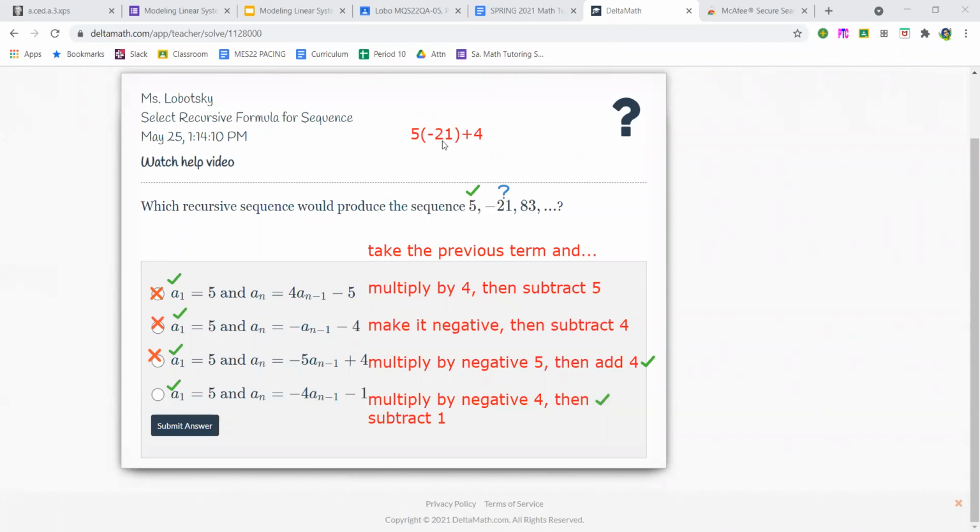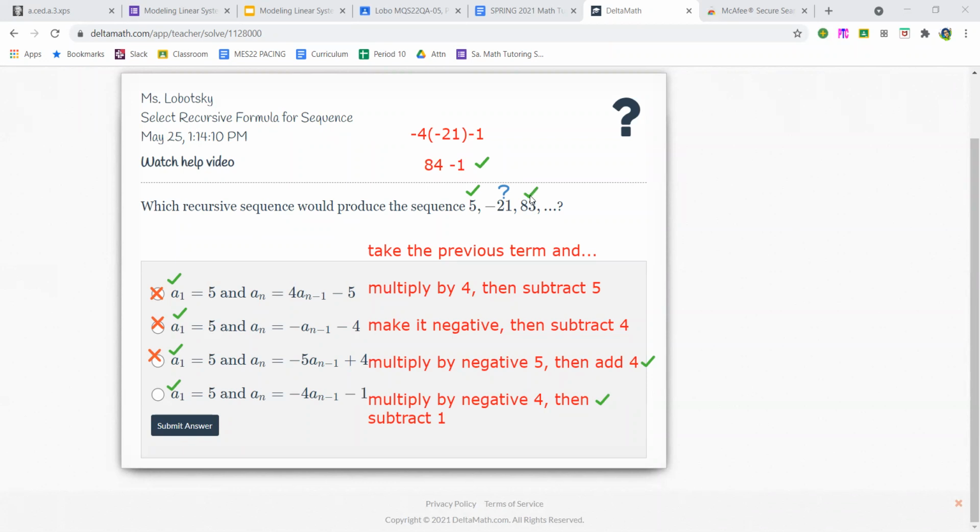Okay, so now -21 times -4 and subtract 1. So -4 times -21, that's +84. 84 minus 1. That makes us happy. It's 83.